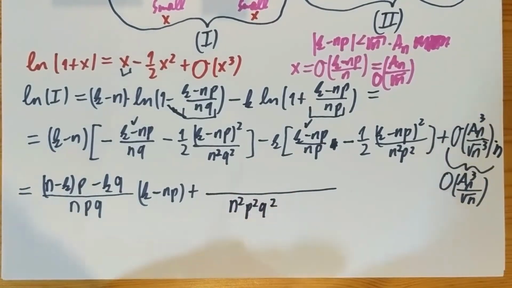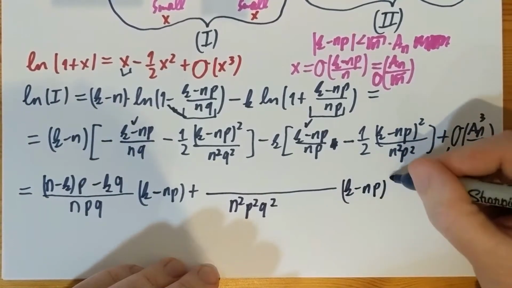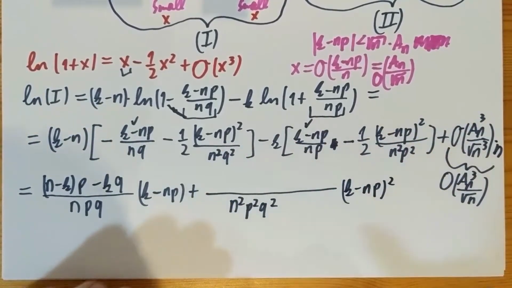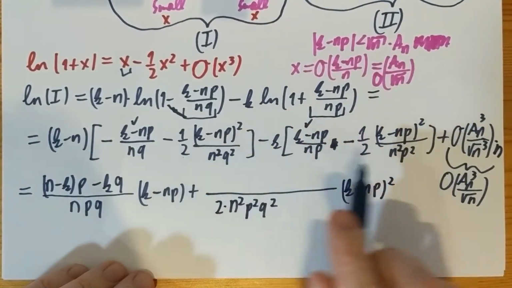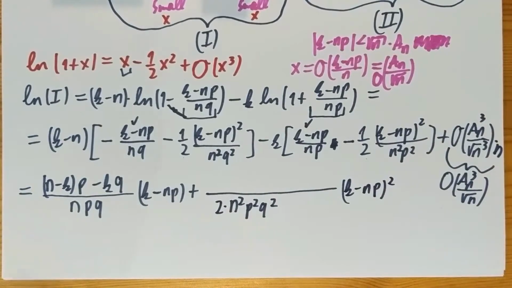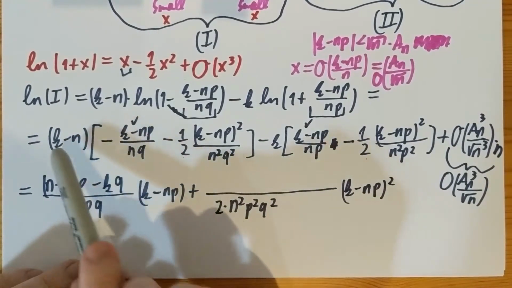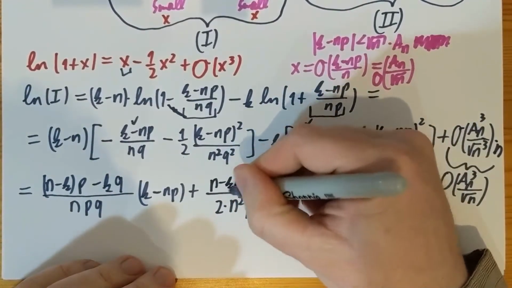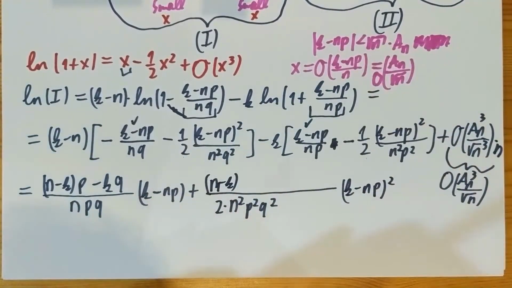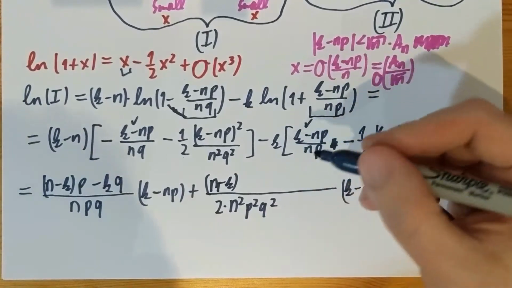I'm going to have k minus np squared, because that's common in these two terms. I'm going to also have a factor 2 in front here, because again the 1/2 is common. And then what else? So with this minus will bring the k minus n into n minus k. The common denominator causes an extra factor next to n minus k as a p squared.